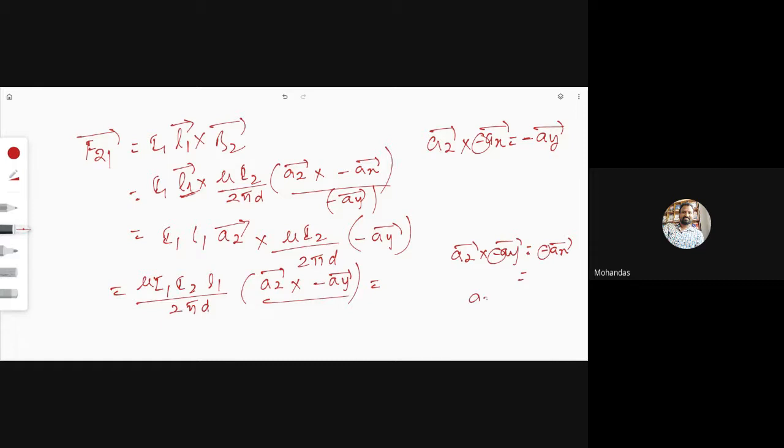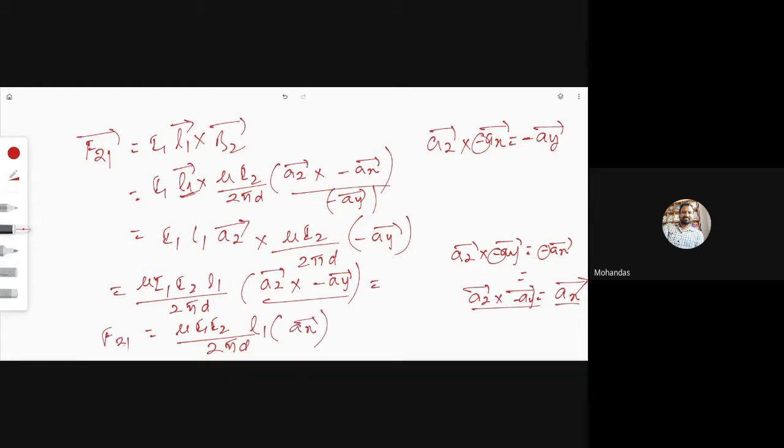So AZ cross minus AY becomes AX. Which is mu into I1 I2 by 2 pi D into L1 AX.